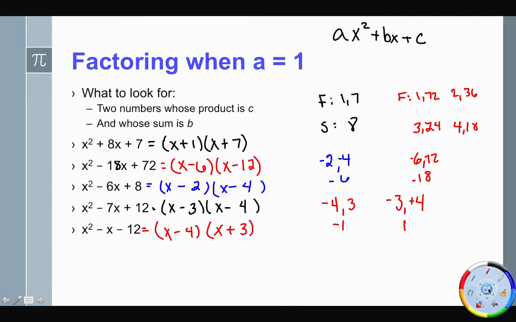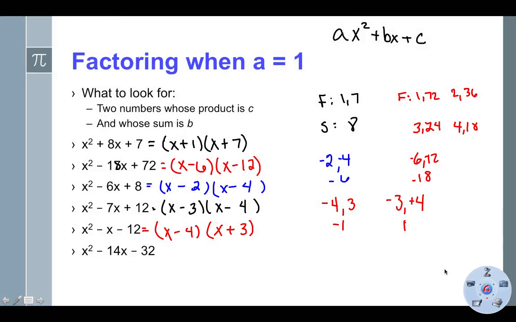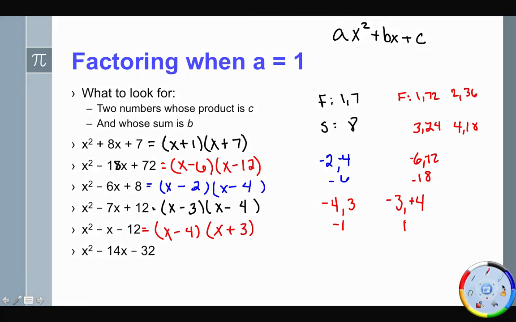All right, one more here and we'll move on to the next type. x squared minus 14x minus 32. Looking for two numbers to multiply together to get negative 32, but add together to get negative 14. So 32 is 2 and 16.